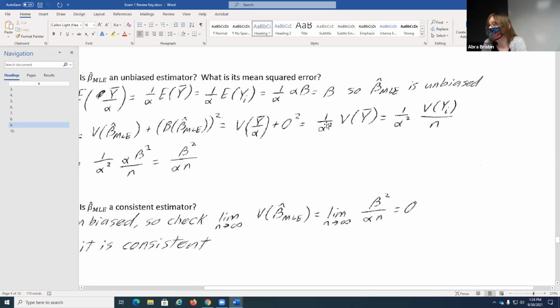We can pull the 1 over alpha out. Remember, when you pull constants out of variance, they get squared. So we have 1 over alpha squared times the variance of y bar. The variance of y bar is equal to the variance of one of the y sub i's divided by n.